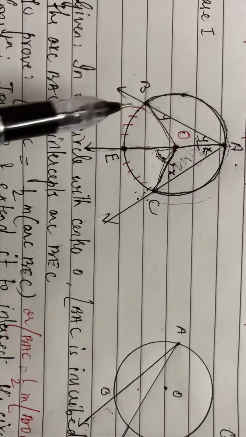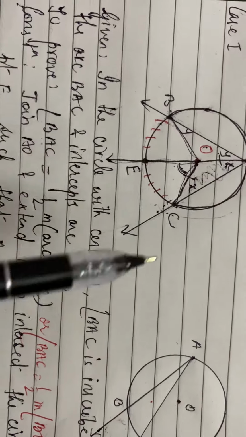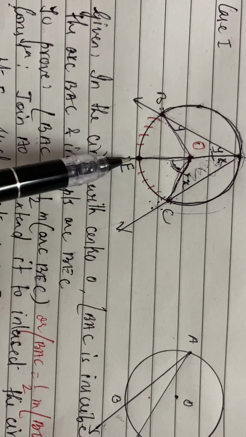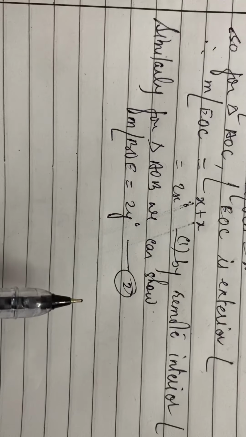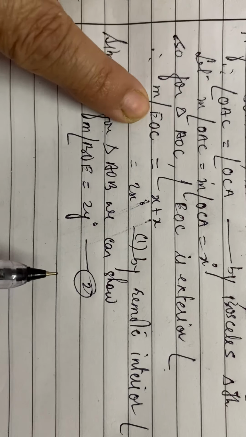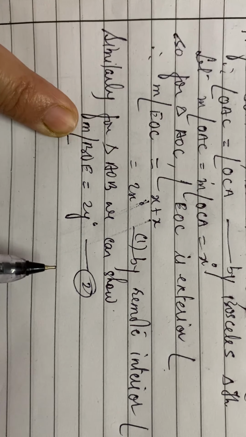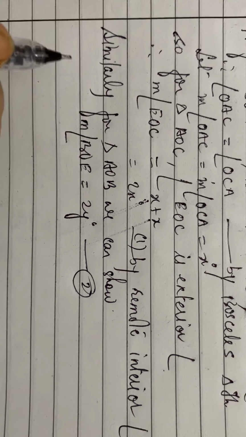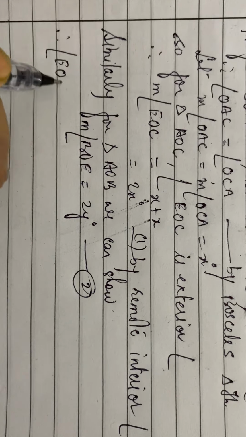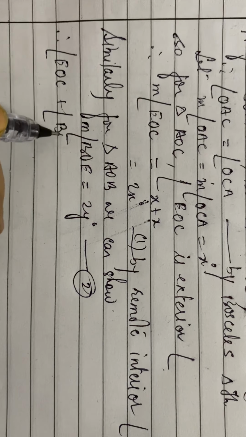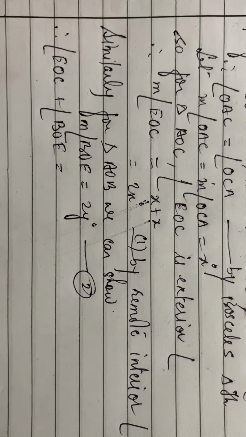To get this angle BOC, we need to add BOE and EOC. So let us add these two equations. Which two? Angle EOC plus angle BOE. So we write, therefore, angle EOC plus angle BOE will be equal to what?